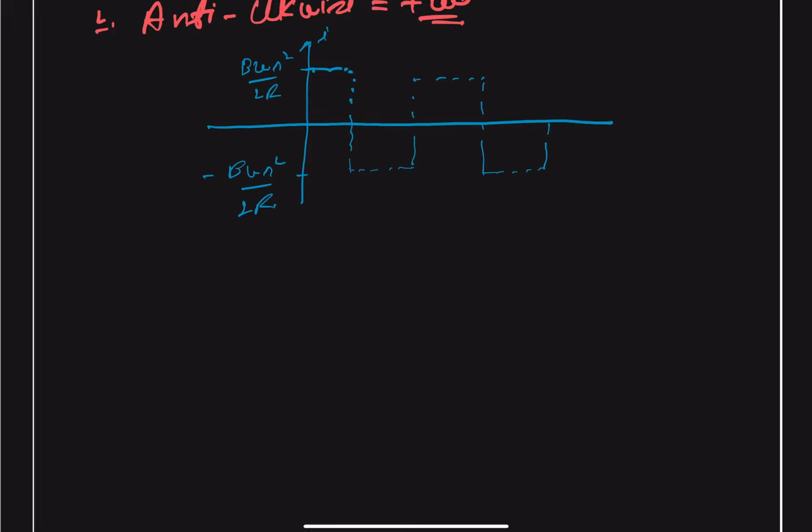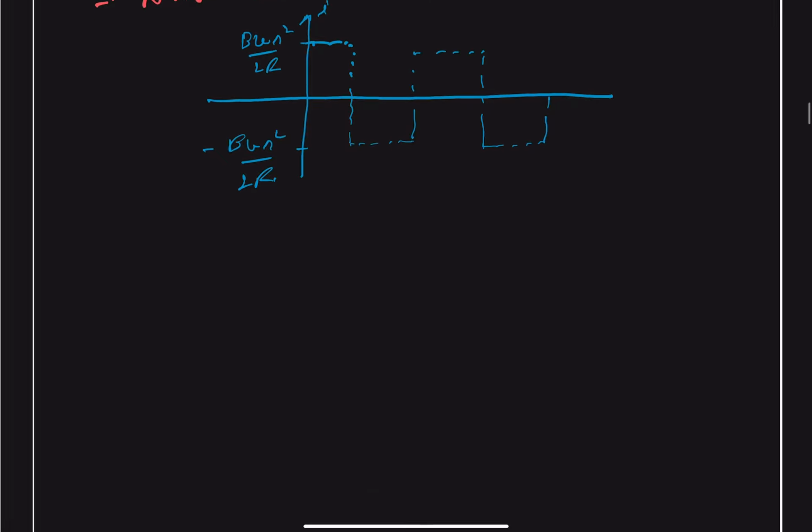Here we have pi by omega, then 2 pi by omega, 3 pi by omega, and this will be our 4 pi by omega. So this is for 2 rotations.